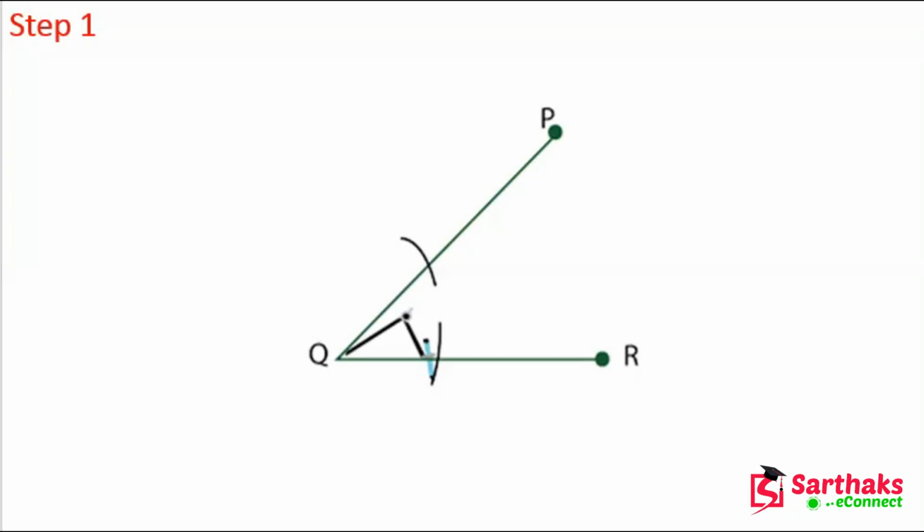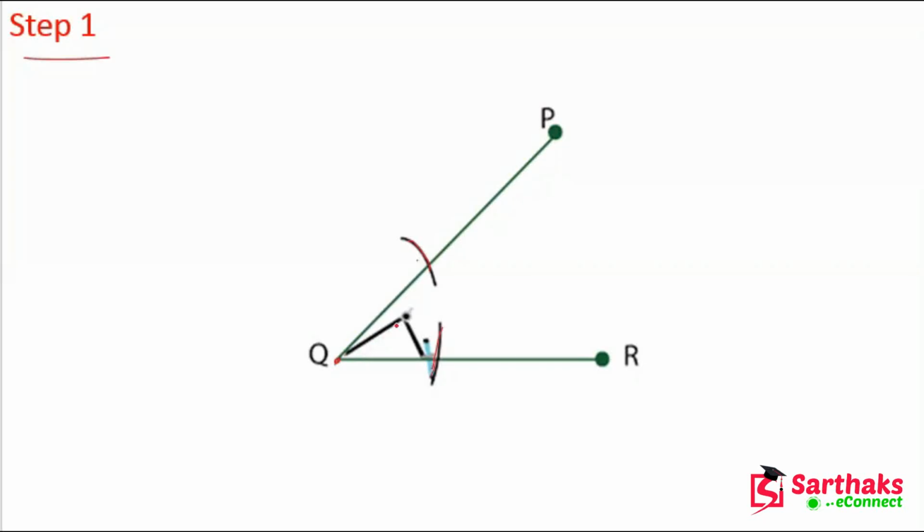Step 1: place the pointer of the compass at the point Q and draw an arc that cuts the two arms, PQ and QR. It doesn't matter how you open the compass, but you have to open it to a suitable length.